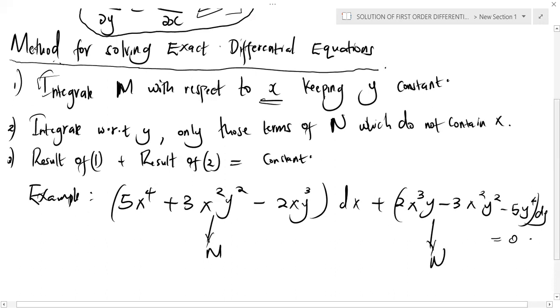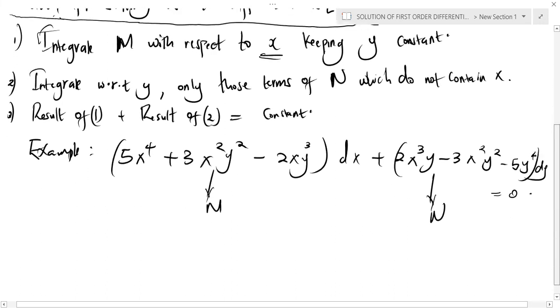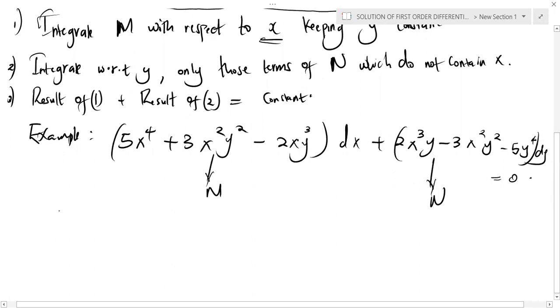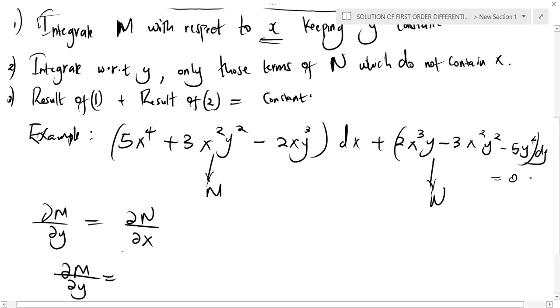Now, before anything, we are first of all going to see if it's actually exact. So we are going to show that the partial derivative of M with respect to y is equal to the partial derivative of N with respect to x. Let's get the partial derivative of M with respect to y. Differentiating the first term with respect to y gives 0.